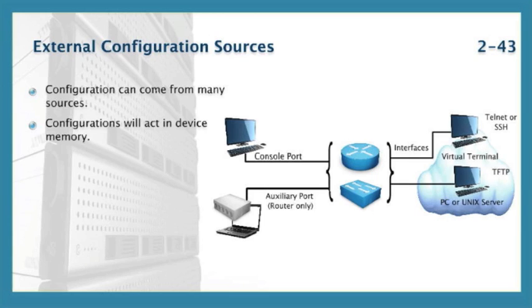You could connect via a trivial file transfer protocol server. You could connect via a web browser and configure your device. So you've got lots of options once you initially connect. So let me connect. Let me show you how this works.